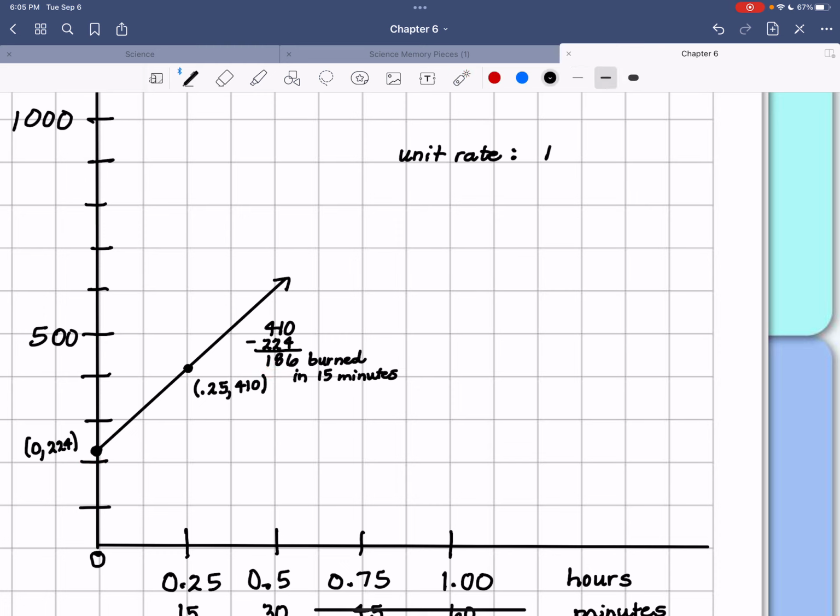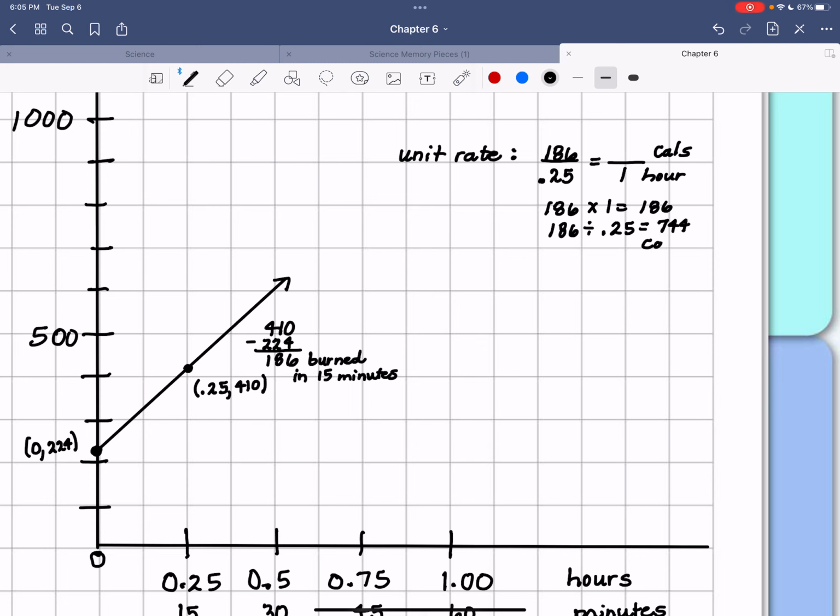We are saying that he could burn 186 calories in 25 hundredths of an hour, or in 15 minutes. So let's see what he could burn in a whole hour. 186 divided by 0.25 is 744.